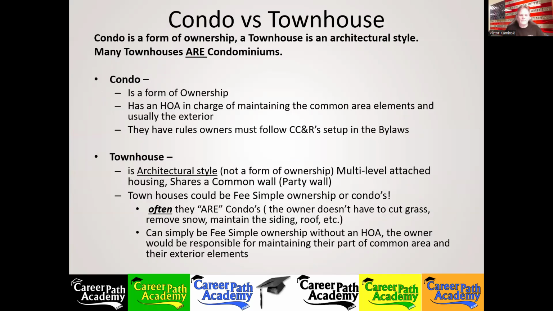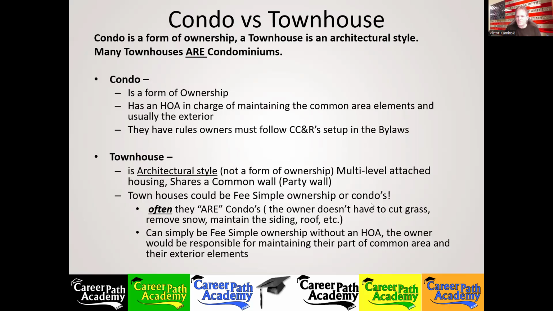So condominiums versus townhouses. Once again, condo is a form of ownership. It has an HOA in charge of maintaining the common area elements. They have rules the owners must follow, those CC&Rs that's set up in the bylaws. And townhouses are architectural styles, not a form of ownership. It's multi-level attached housing that shares a common party wall.